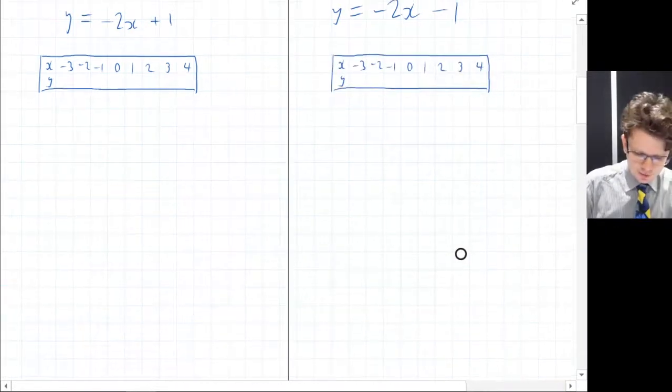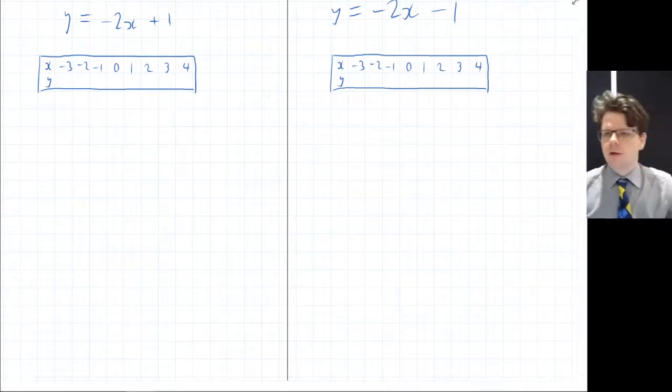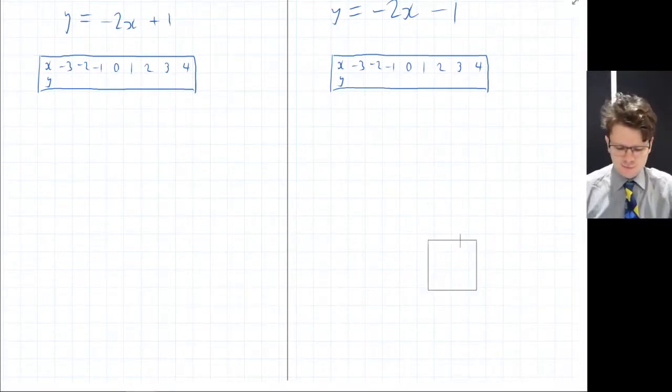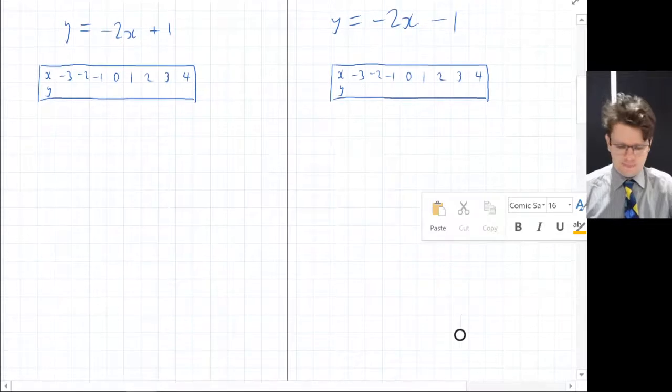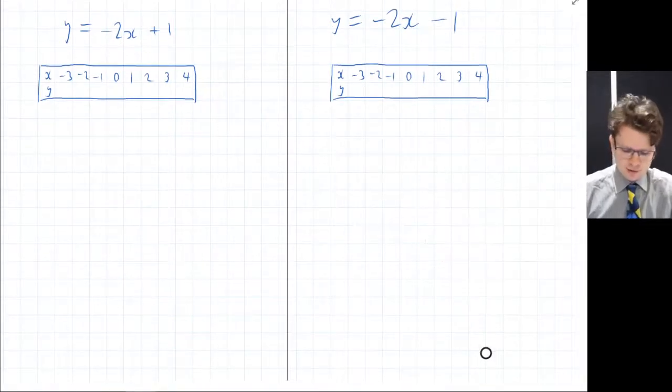So with that, you should be ready to actually fill in the rest of it. So I want you to graph the full thing, okay? Bit of a challenge. Otherwise, we're going to do it step by step.